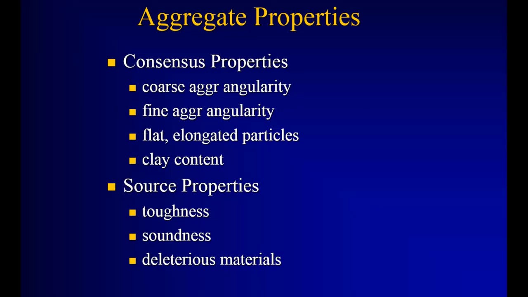Consensus properties on the aggregate side were coarse aggregate angularity, fine aggregate angularity, flat and elongated particles, and clay content. And the source property, aggregate properties applied to a Superpave project were toughness, soundness, and deleterious materials.